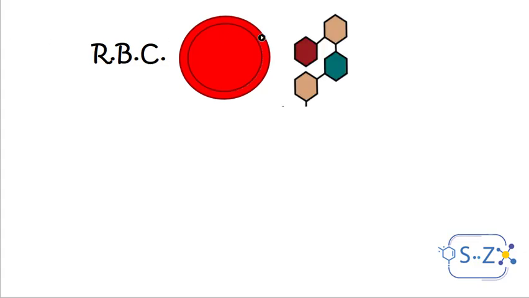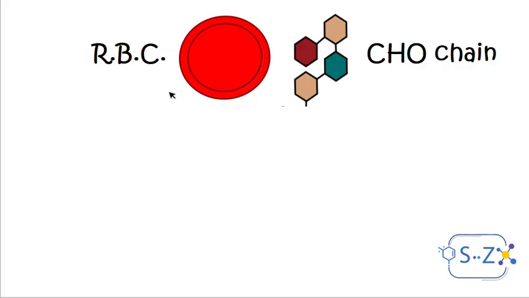Okay, now let's go deep into the idea and discover how these agglutinogens, these antigens A and B, affect the blood group. So this is the red blood cell, a disc-shaped, anucleated cell. On the red blood cell, we have a special chain called the CHO chain, or carbohydrate chain.